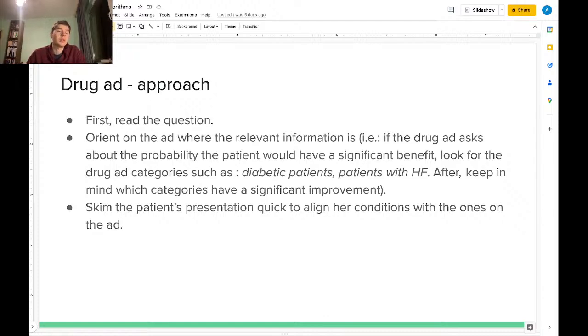Firstly, we read only the question, meaning the last sentence. You will be asked, for example, if the patient might benefit from the drug. And you will have a lot of data on the drug ad.